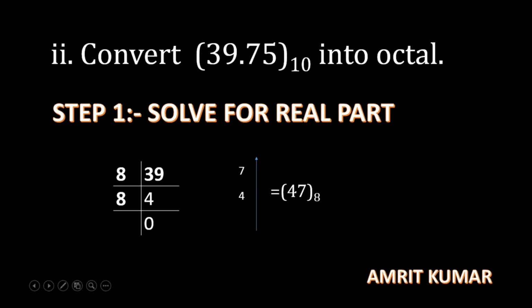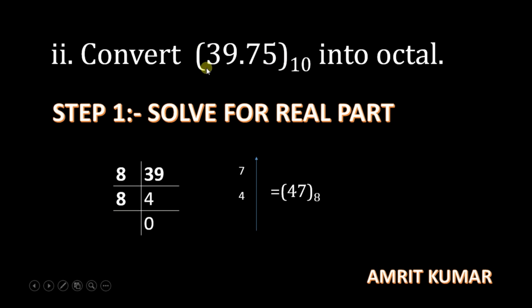Now moving forward to solving for the fractional part, because this number remains. We have converted the integer part into an octal number, but we haven't yet converted 0.75 into an octal number. So we have to solve this number for the final output.